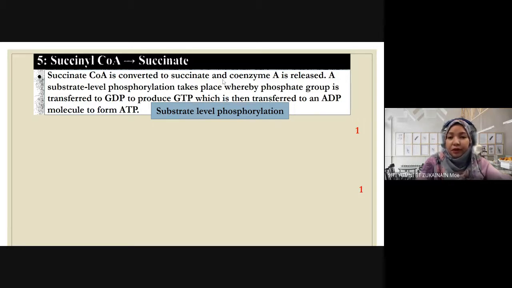So any statement that explains substrate level phosphorylation, after succinyl CoA is converted to succinate and coenzyme A is released.